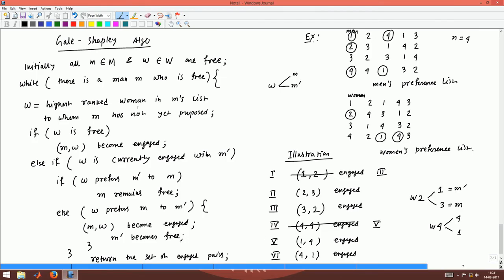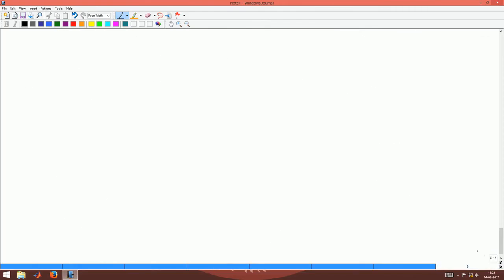So, you are outside this while loop at this moment, and you return all the engaged pairs, and that is the stable matching. Okay. So, I hope that you understood the algorithm, and now we will talk about the correctness of this proof.